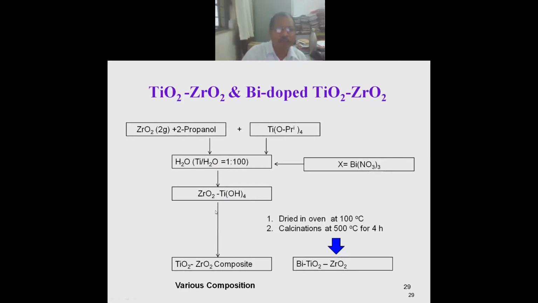It is the same process that is used. Now, in order to get the proper amount of ZrO2 required for proper activity, we synthesize different samples by varying the TiO2 ZrO2 composition.